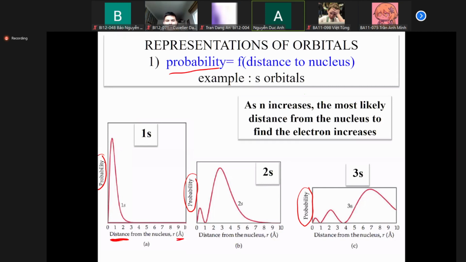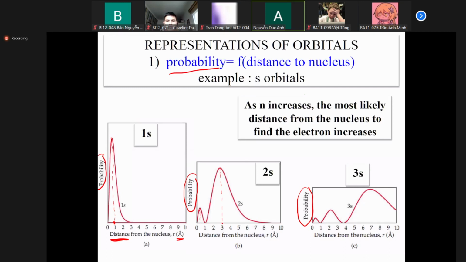For 1s, you can find most of the electron around 1 Angstrom from the nucleus. For 2s, some of it stays closer to the nucleus than 1s, and the other part mostly stays around 3 Angstrom from the nucleus.